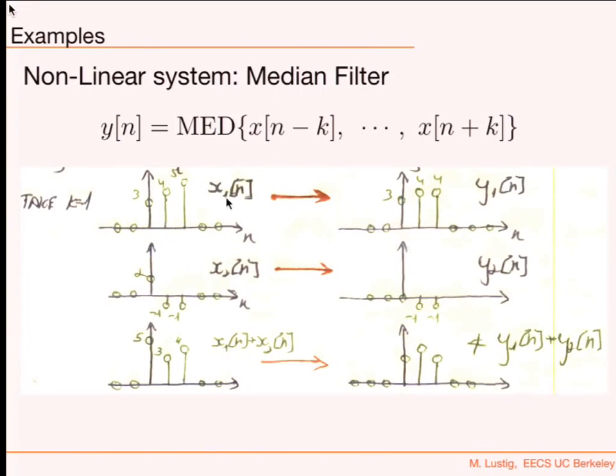I get 3 here. 3, 4, 5, median? 4. I get 4. 4, 5, 0. Then you sort them, so 0, 4, 5. The median is 4. Yes, that's right, 4. And so you can compute the median here. You add them, you get this. You compute the median. You see that this is actually not the same as this.